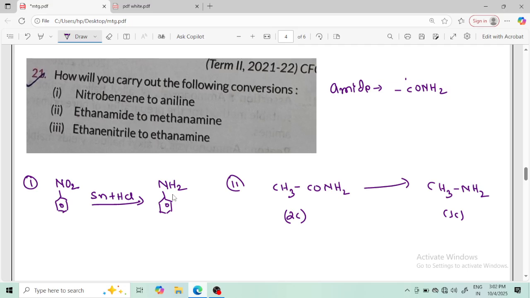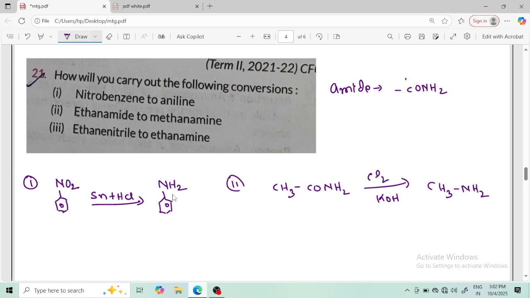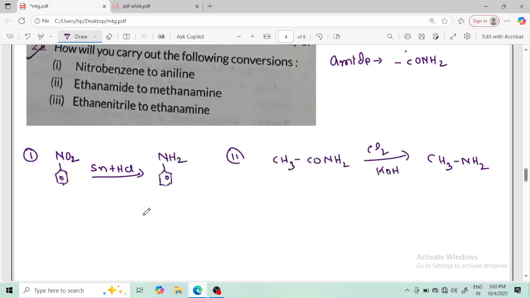Since one carbon is decreased, definitely it is the Hofmann bromamide degradation reaction. So I'll be using Br2 and KOH. I hope you understood this. What I'm trying to say is, since the total number of carbons is less on the product side, one carbon less compared to the reactant, it's always the Hofmann bromamide degradation reaction.